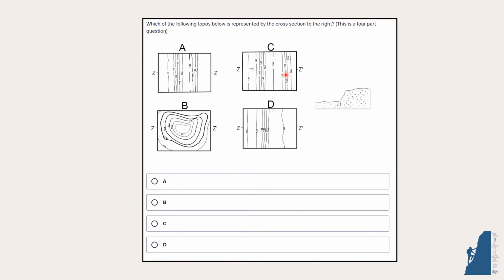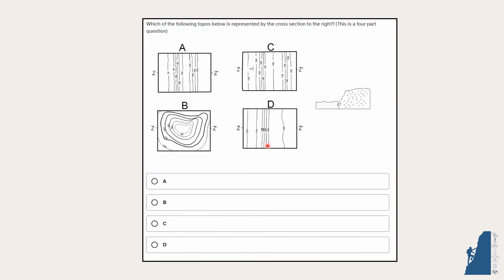Option C, we see compressed topo lines here. There's a bedding strike and dip right here as well. There's one flat section here and then another one here. That still doesn't really match up. So let's look at option D. Looks like it gently falls initially.